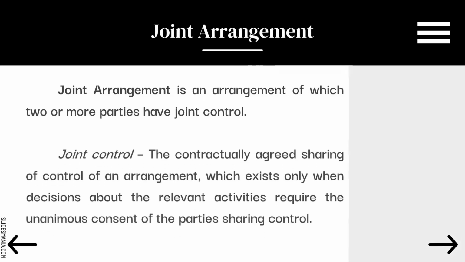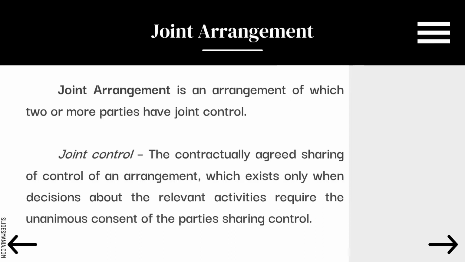is the contractually agreed sharing of control of an arrangement, which exists only when decisions about the relevant activities require the unanimous consent of the parties sharing control. So pag sinabing joint control, ang titignan natin is contractually agreed sharing.